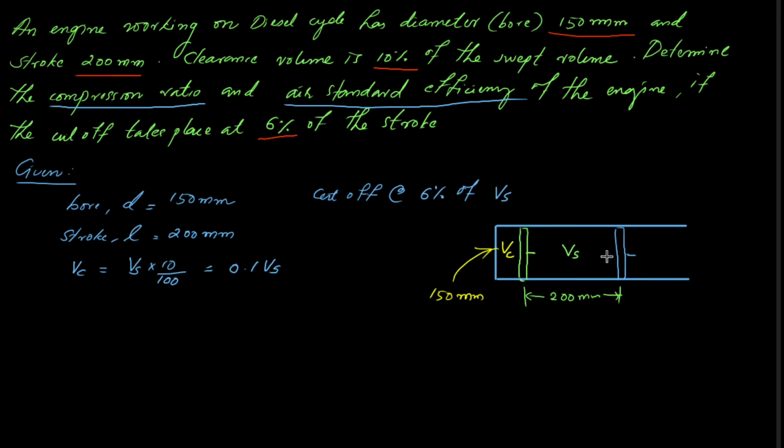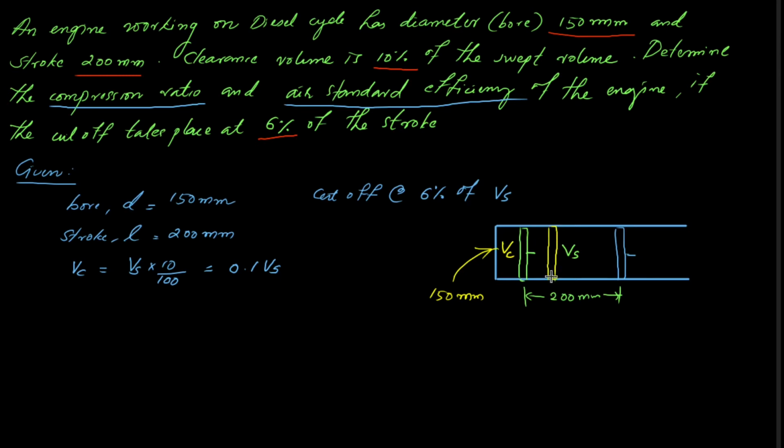Now after the compression, the piston will go back. During the heat addition process, in diesel cycle we have a constant pressure heat addition, so the piston will be slightly moving outward and heat is added to the system. So let this be the position of the piston when the heat addition is cut off.